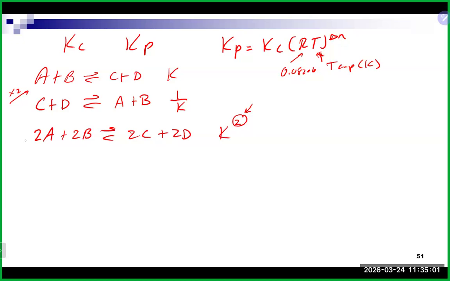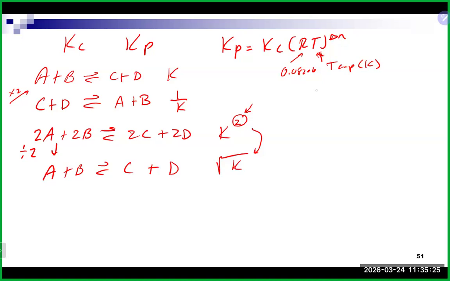Obviously, as well, if you needed to divide by a common number, so if I took this and divided it back by 2, that would return me to our original equation. And what that would essentially do is we would take the square root of the K value in that particular case, as we would be going from here to here.